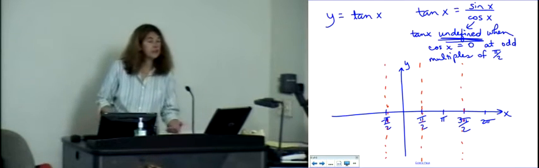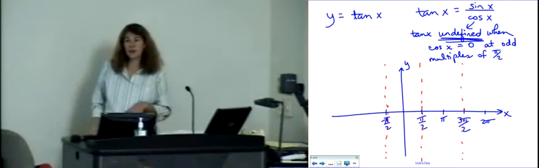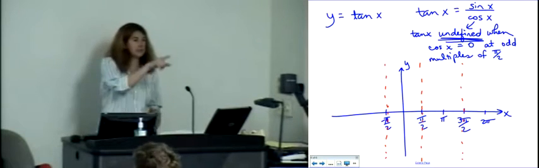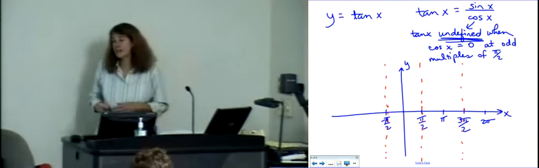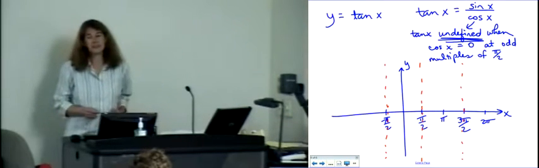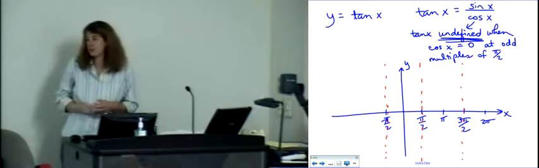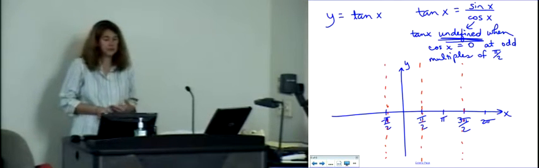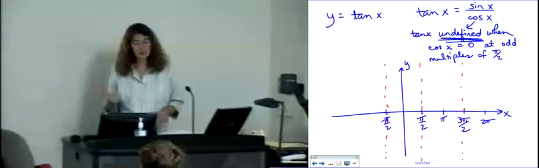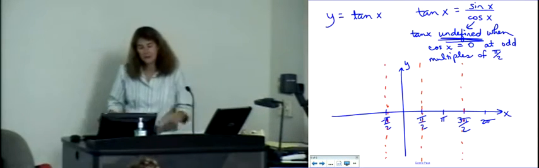We notice so far the only connected or continuous graphs we have are the sine and cosine graphs, where we can leave our pencil down and draw sine and cosine waves all day. If we want to draw secant or cosecant graphs, we would have to lift our pencil up every time we make one of those shapes. So they're discontinuous. This one's also going to be discontinuous because we've got these asymptotes in between places here.